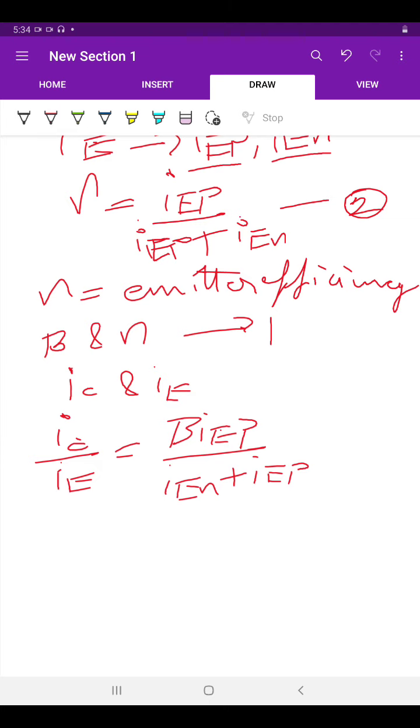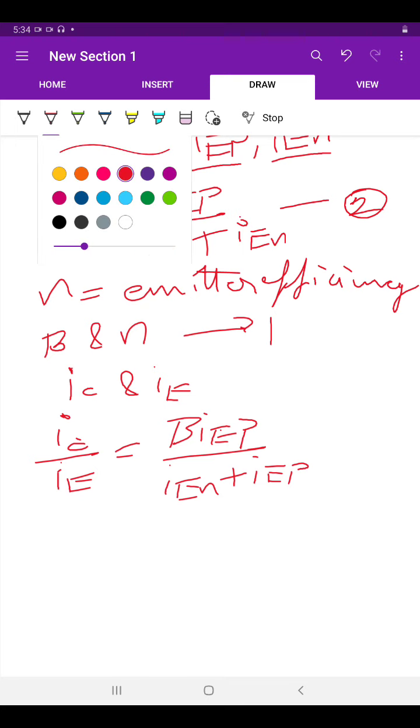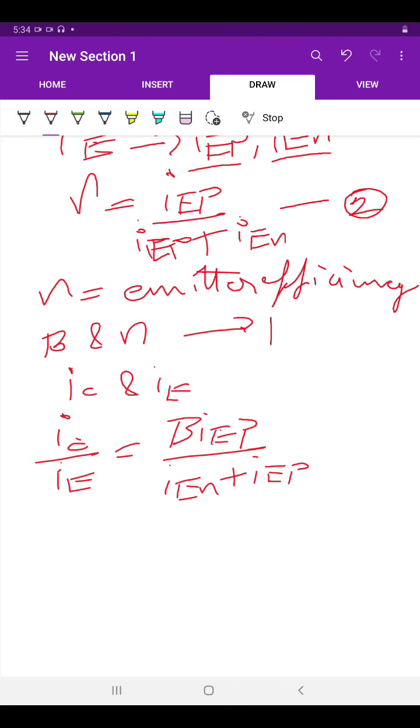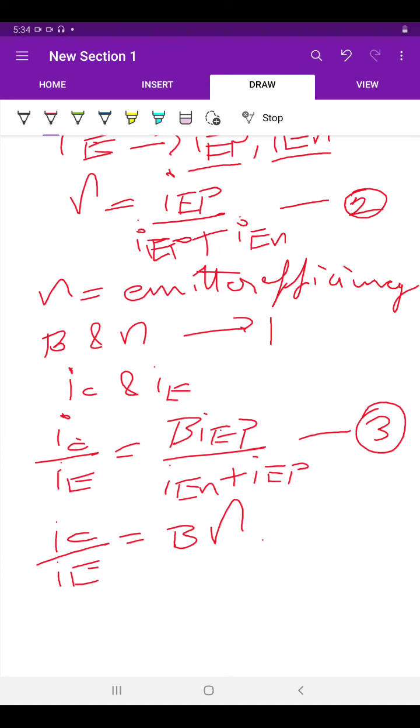We have already seen in equation 2 that the emitter efficiency, gamma, equals IEP divided by IEP plus IEN. So we will substitute that equation 2 in equation 3. So it will be IC divided by IE equals B into gamma.